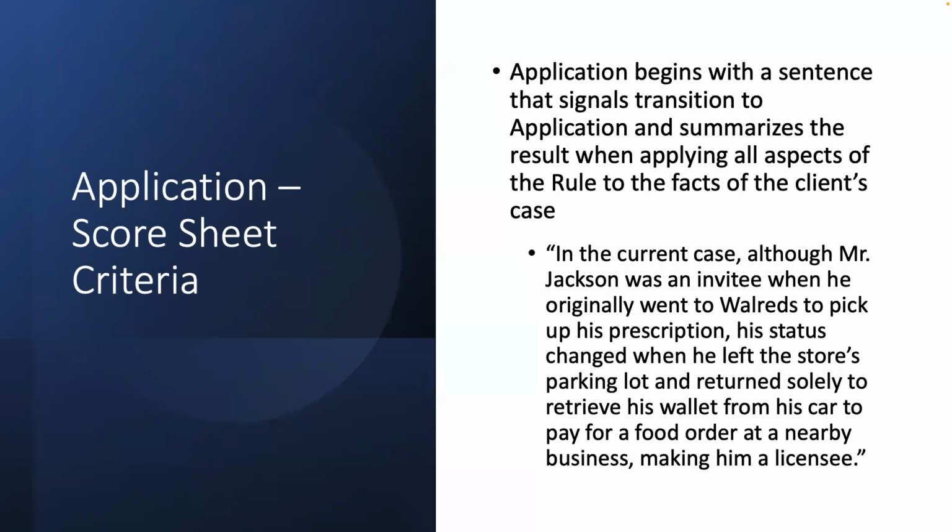So if you looked at the score sheet, you would note that the very first thing under application in the score sheet was this. Application begins with a sentence that signals transition to application and summarizes the result when applying all aspects of the rule to the facts of the client's case. In your reading, when you read one conclusion or one legal argument, it talks about conclusions, and there are actually 3 conclusions in a CREAC.